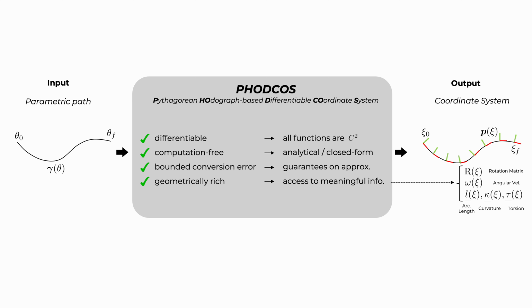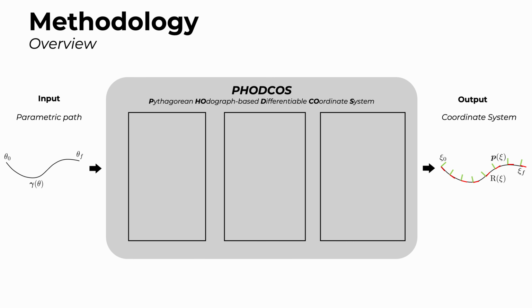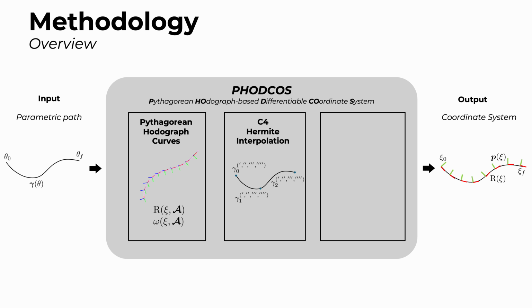To achieve PHODCOS, our method relies on three main ingredients. First of all, we identify the appropriateness of Pythagorean hodograph curves as a backbone of representation for our coordinate system. Second, we present a C4 Hermite interpolation method that allows us to obtain the coefficients that describe the Pythagorean hodograph curves.